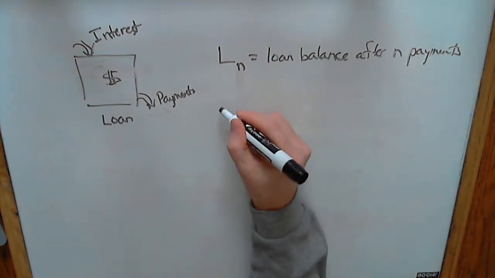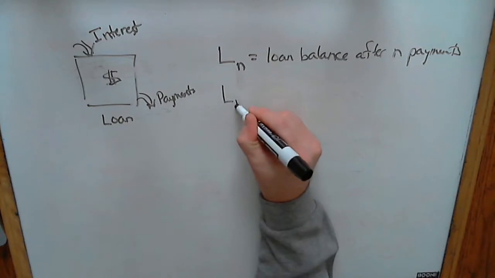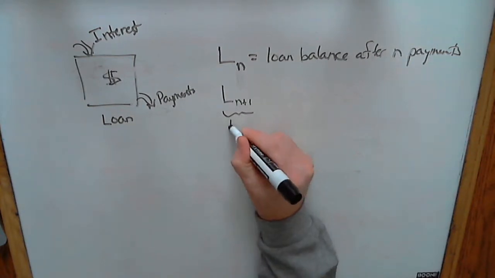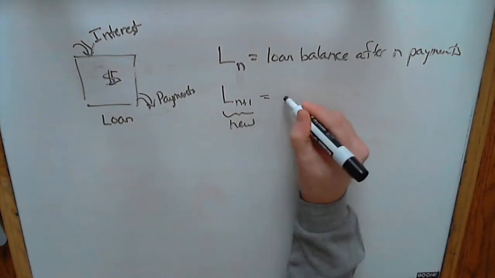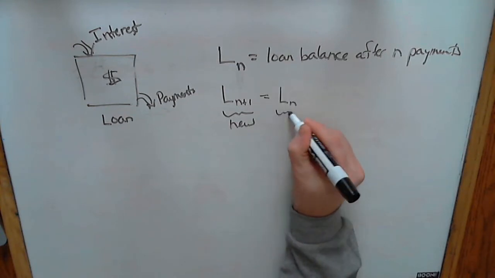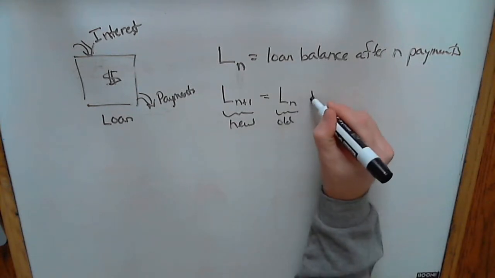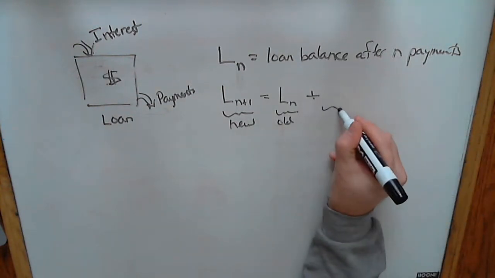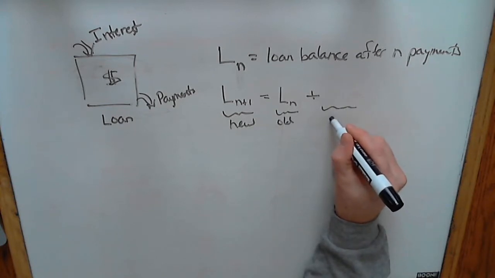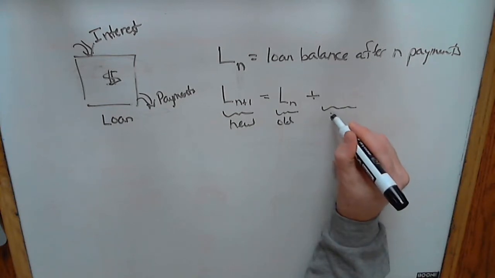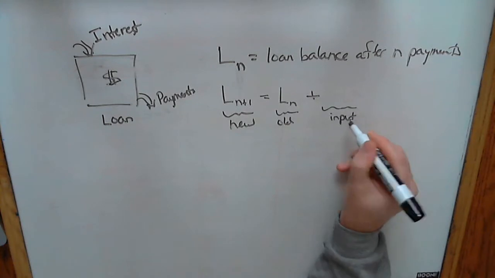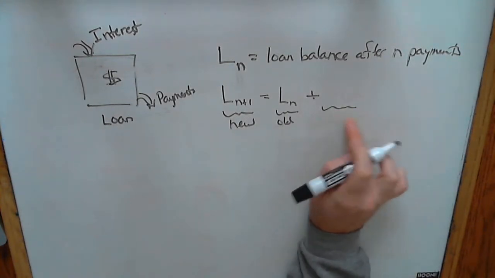Then I can think of my new value, this is my new value, is going to be my old value plus the things that make it bigger. So this is what makes it bigger. Input's not the right word.